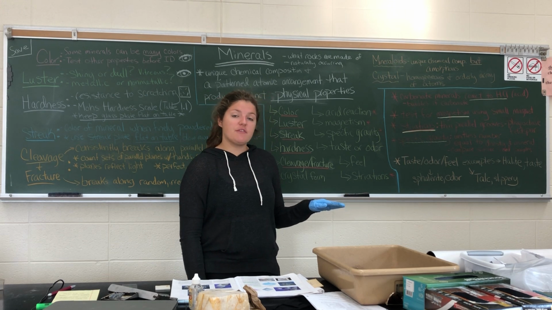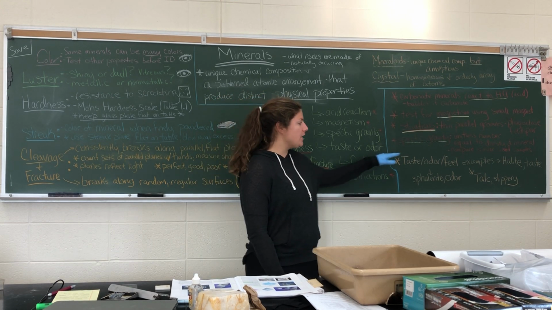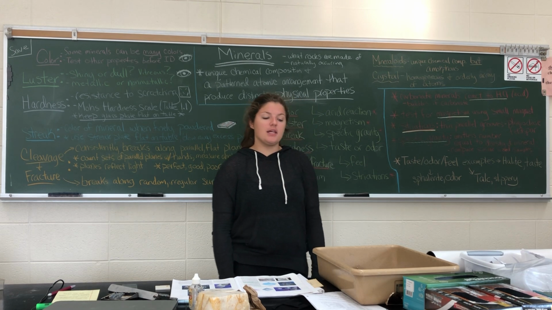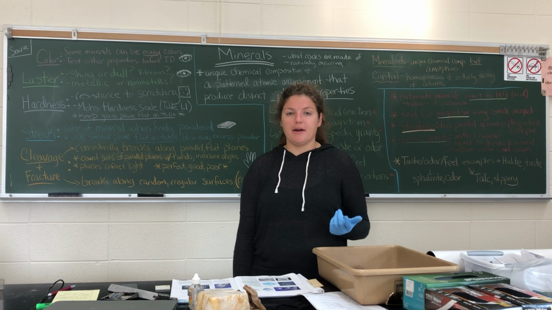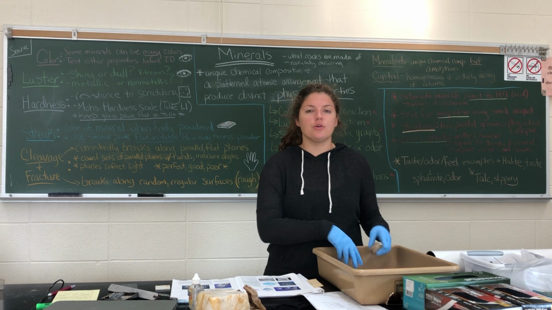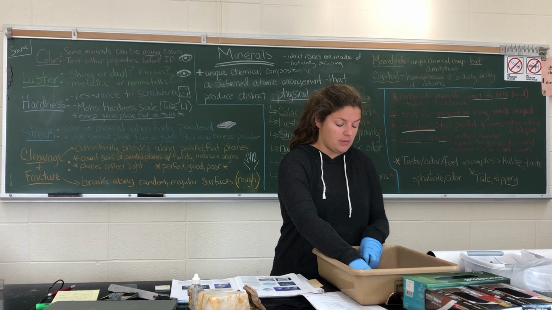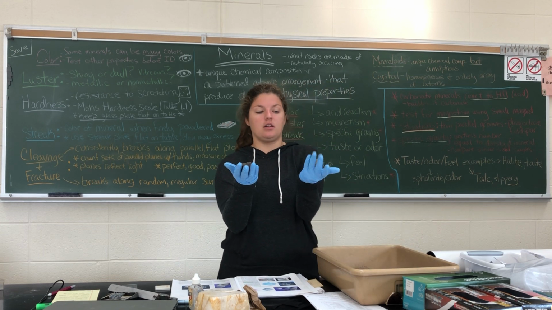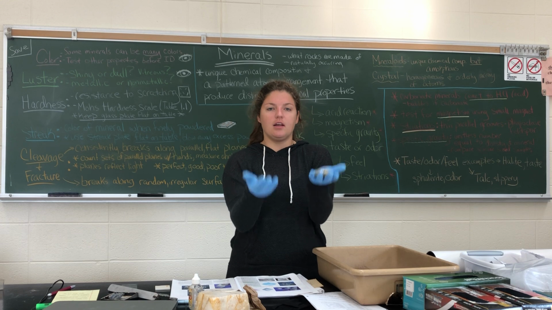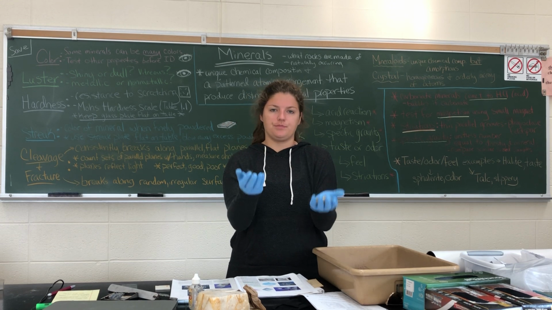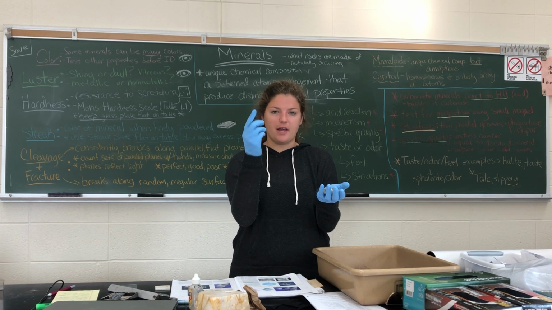But again, specific gravity is pretty much equal to density. So what that means is, to compare specific gravities or to compare densities of minerals, you want to get two of similar size. Maybe this one and this one. They're pretty similar in size, right? But when I feel it, this one's heavier than this one. So this one is more dense.